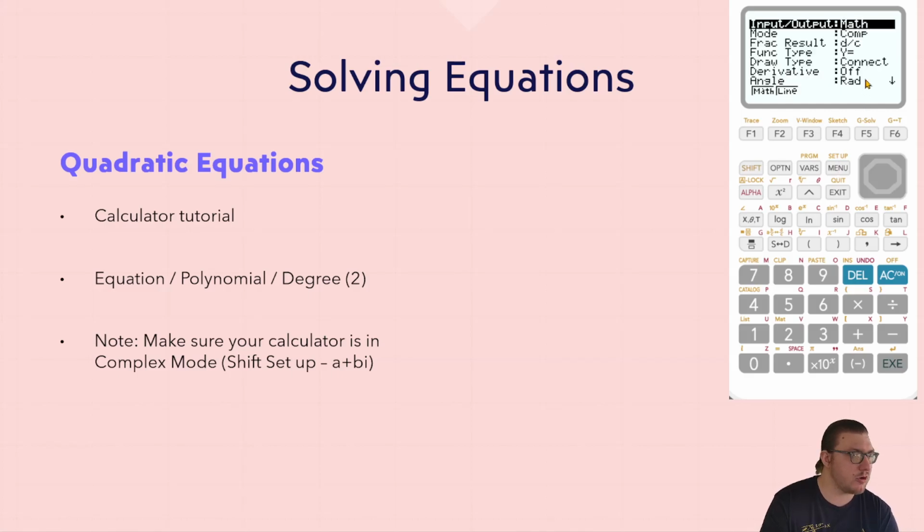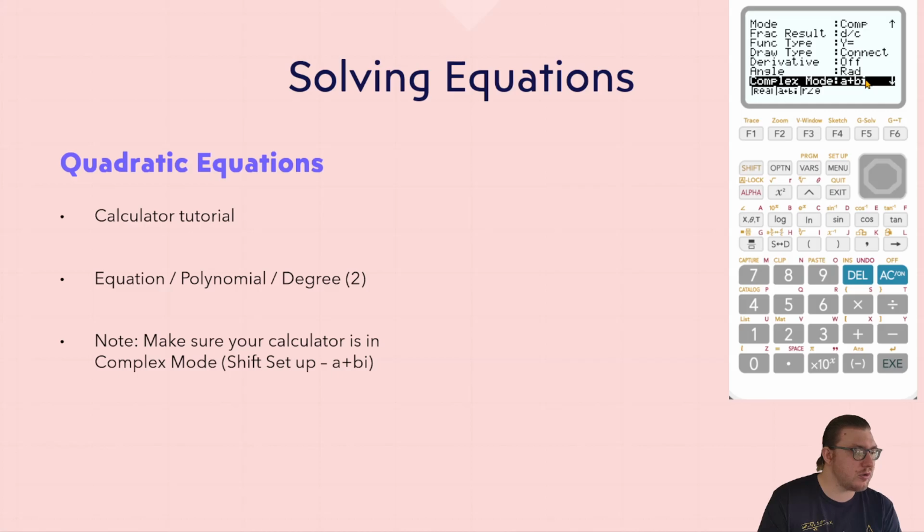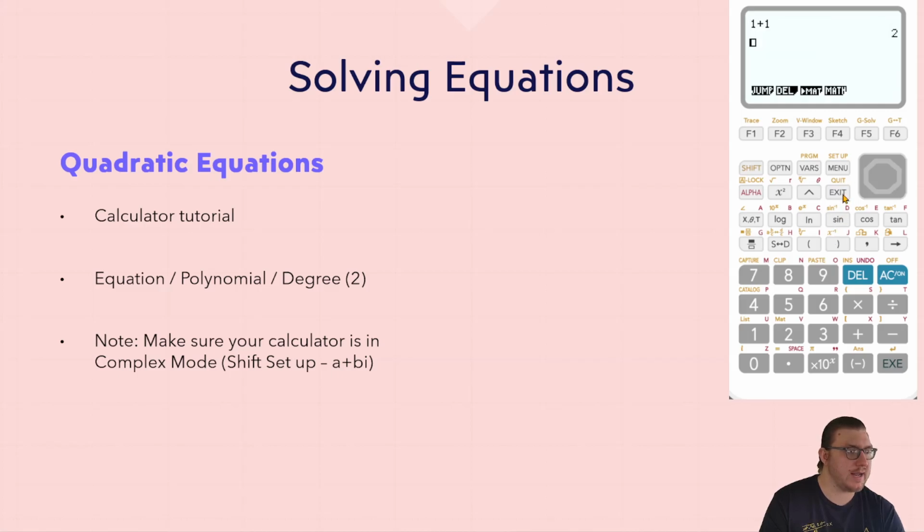If you now scroll down, make sure the mode is in complex mode. Here you usually have real. If you reset your calculator, this will be on real. You want a plus bi in order to give you the answers. This will then display these complex solutions.